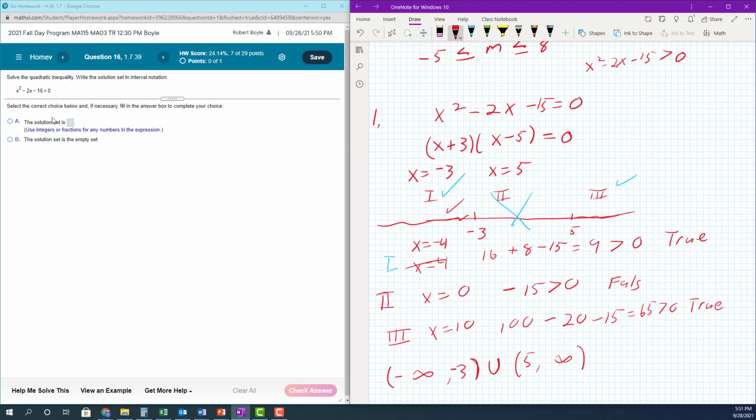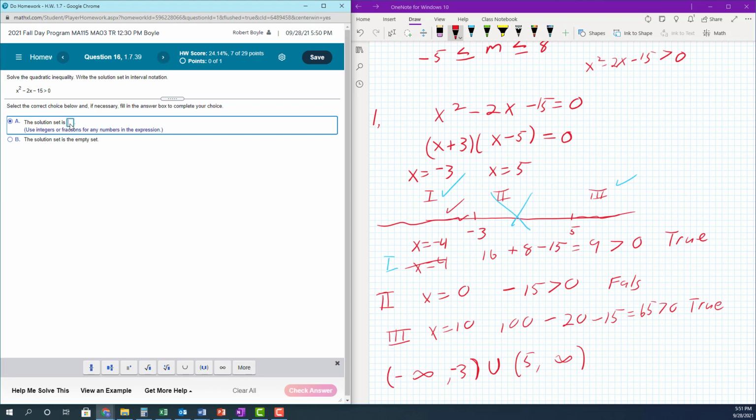So what do we put in here? We put in a parenthesis. Must just be wrong. Negative, then our infinity. We can use \inf to get that, comma, negative 3, close parenthesis. Now for the union symbol, you can do \cup, cup, and there it is.